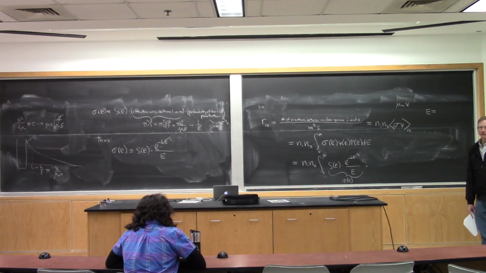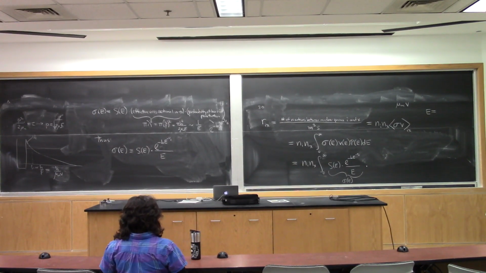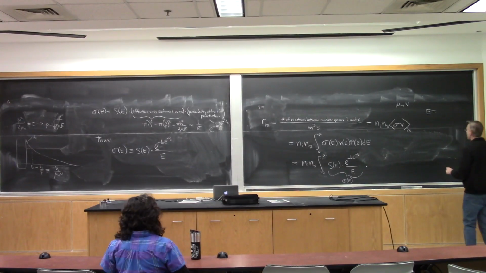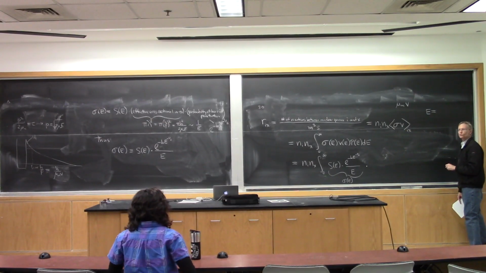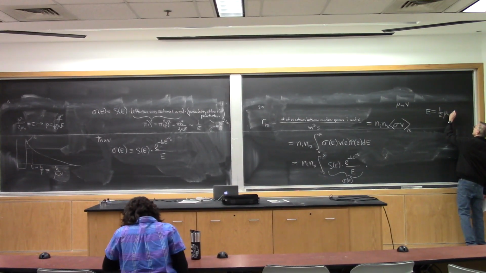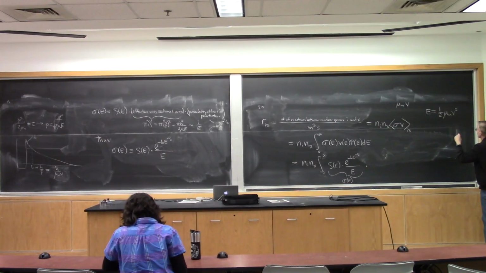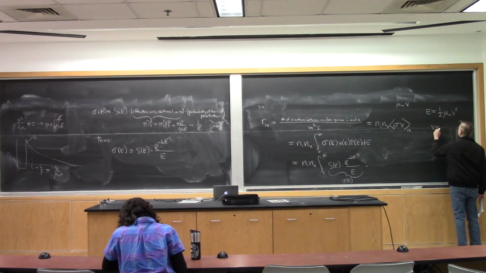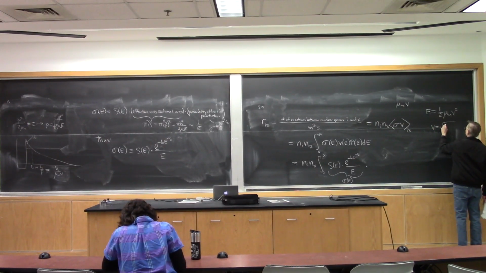If we're assuming Newtonian physics, what's the formula for kinetic energy in terms of mass and speed? 1/2 mv squared, except it's the reduced mass. So it's 1/2 mu_m v squared, yes. And so that says that v is just the square root of 2E over mu_m.